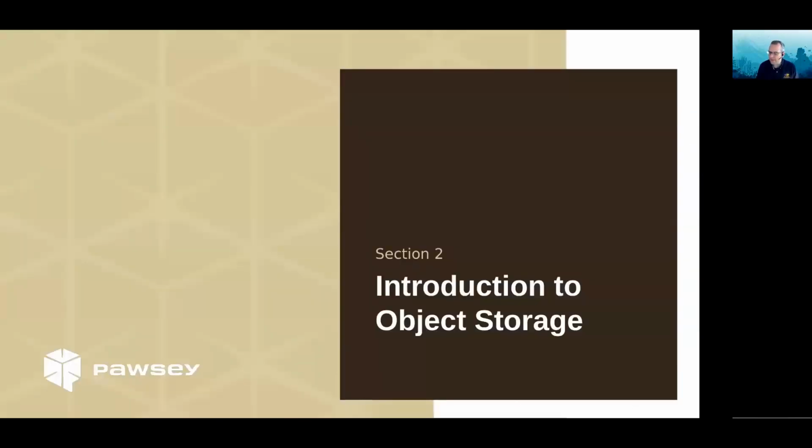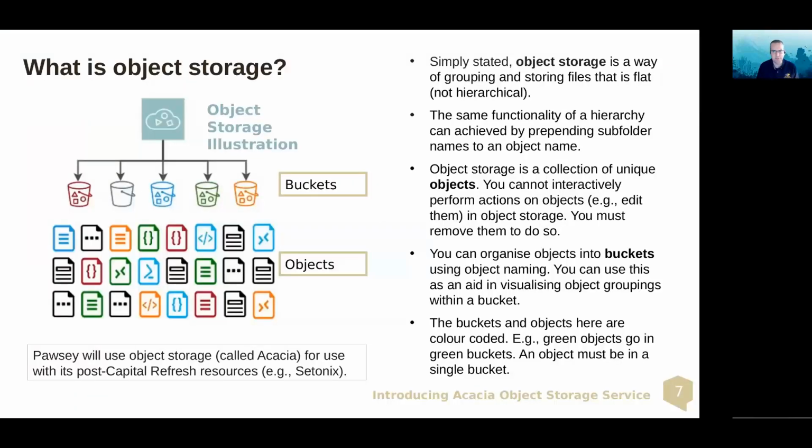So how is object storage different to file systems? First and foremost, object storage is a way of grouping and storing files that is flat. So there's no hierarchy in object storage.